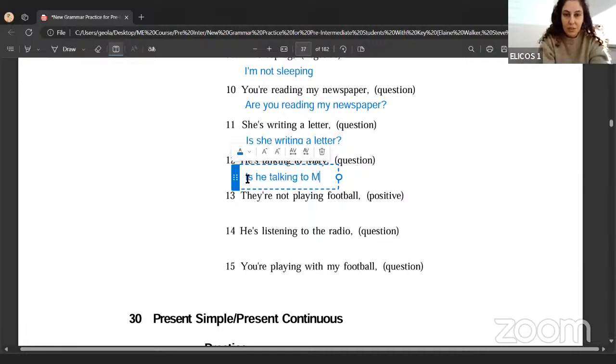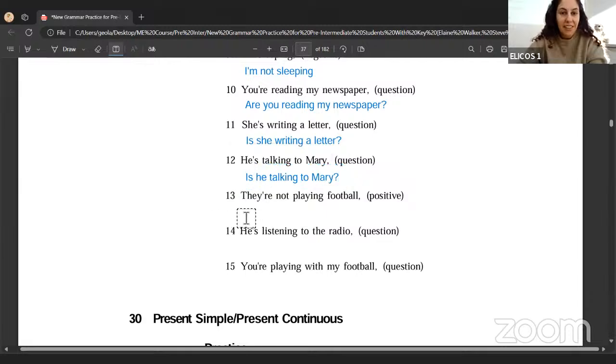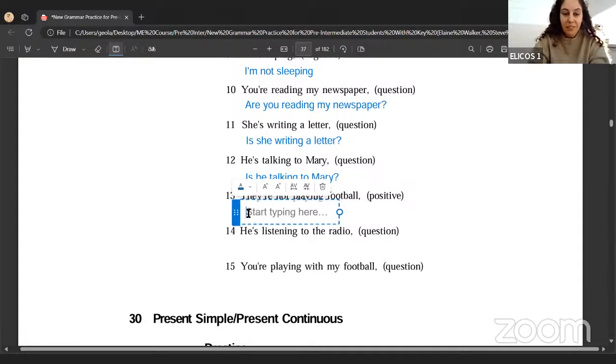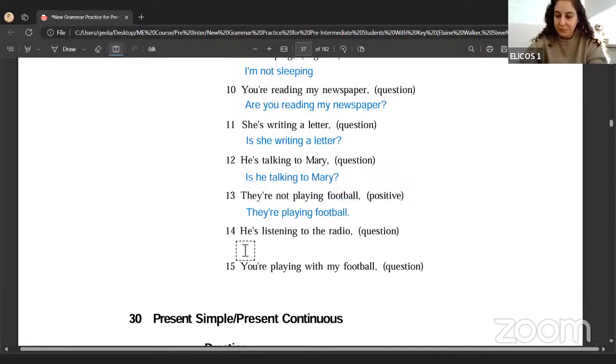Is he talking to Mary now? So where is he? What is he doing right now? Is he talking to Mary? 13, they're not playing football as a positive. Perfect. They're playing football. 14, he's listening to the radio. How do I make it a question?